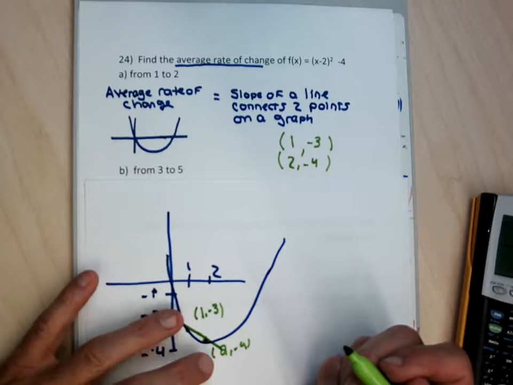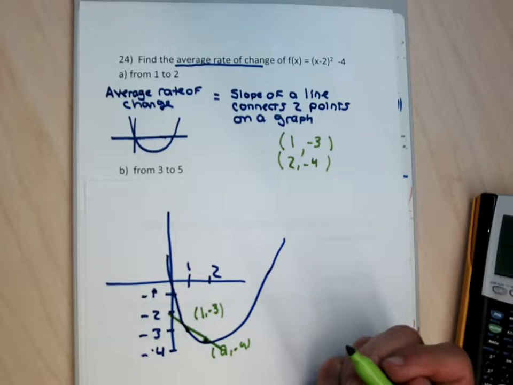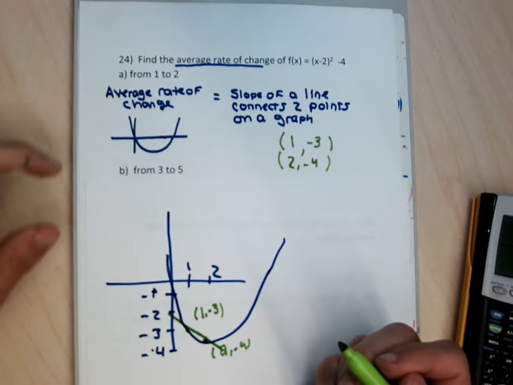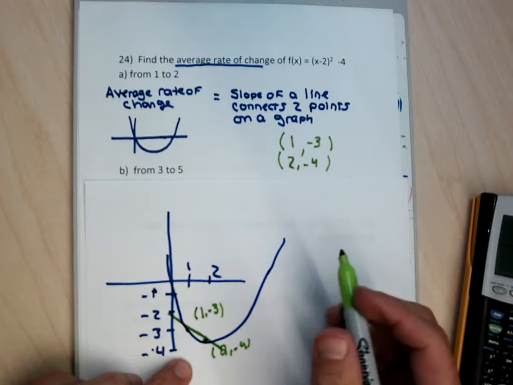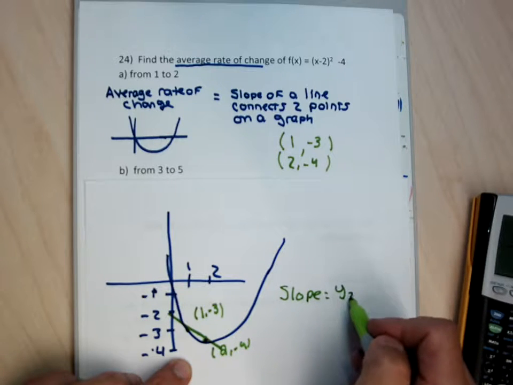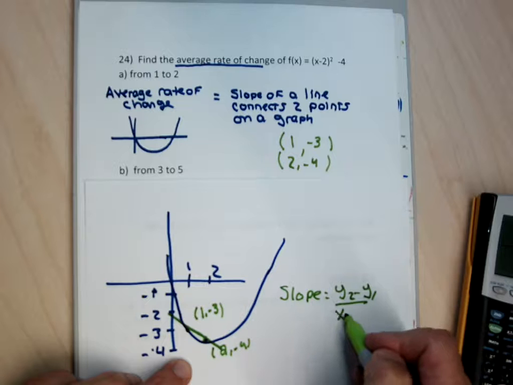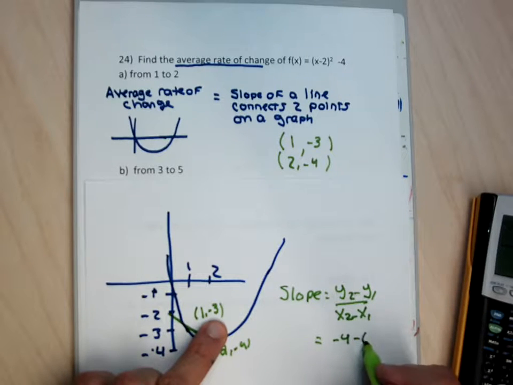I kind of cheated and used my calculator to get the y-coordinates of the points. Let me not cheat and do the whole problem the way that we're going to need to do it on the test. So visually, the average rate of change I'm trying to find is the slope of this line. I'm going to get it by using the formula y2 minus y1 over x2 minus x1. y2 I'm going to write as negative 4 because that's the y-coordinate of the second point that I found. y1 is going to be negative 3, that's the y-coordinate of the first point.